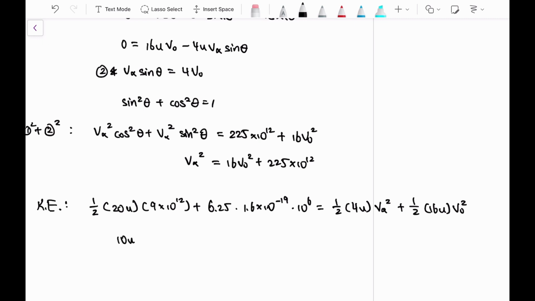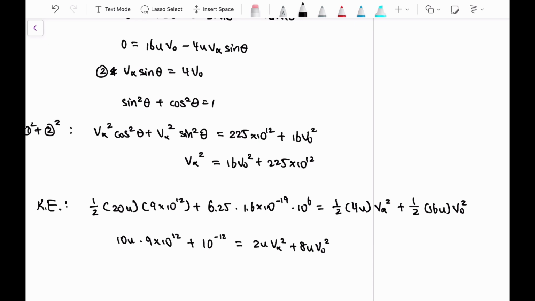So it's 10u times 9 times 10 to the power of 12, plus this, we can resolve this first, and then this will be 10 to the negative 12, is equal to 2u times V alpha squared plus 8u VO squared. Okay, now we have something to work with.